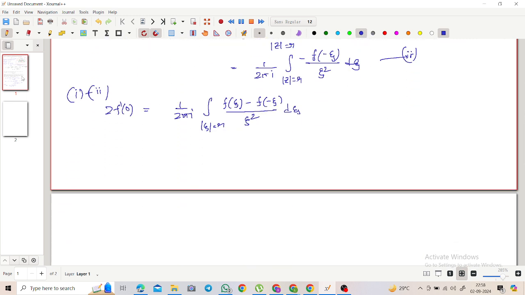Okay, so now what we do is just we take modulus. Twice mod f'(0) is less than or equal to 1 by 2 pi, modulus of the integral.